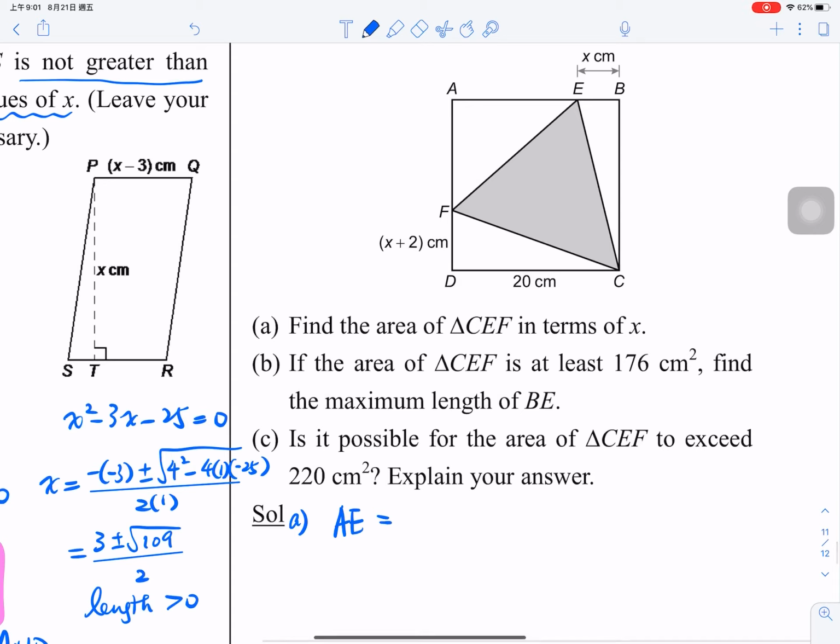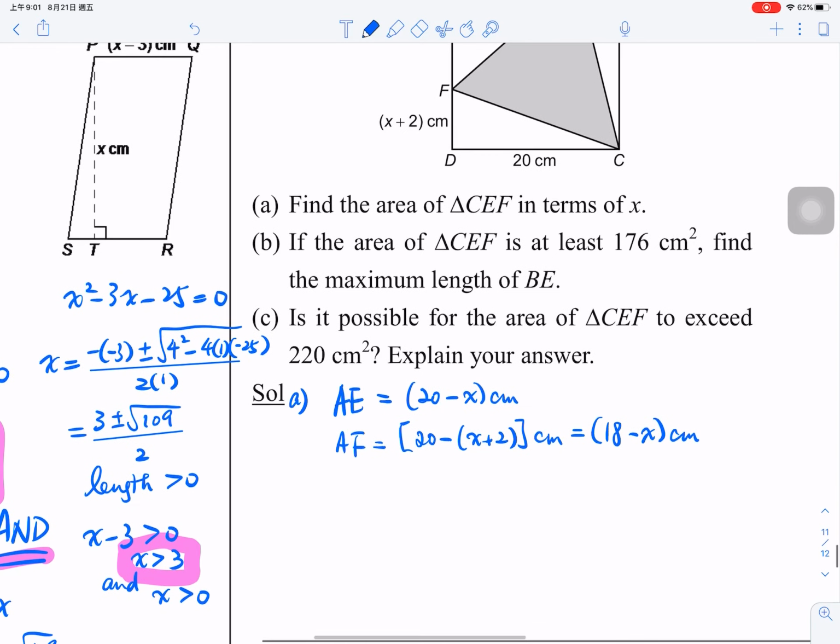The length of AE, yeah, 20 minus x cm. How about AF? Yeah, 20 minus x plus 2 cm, right? So this one, 18 minus x cm. Then it's not difficult for you to find out the area of CEF, right?